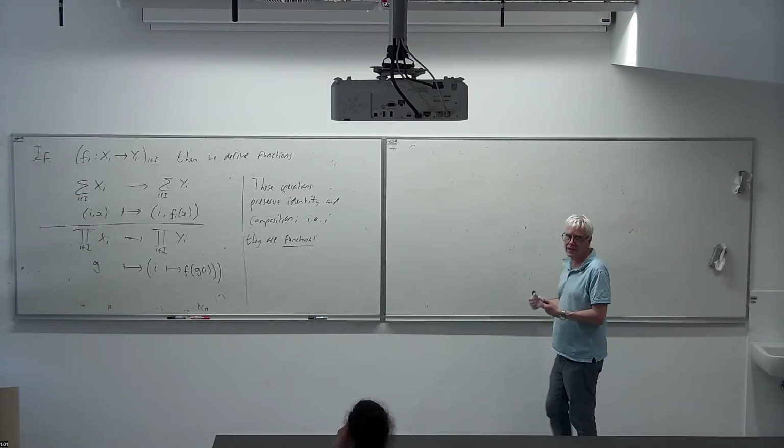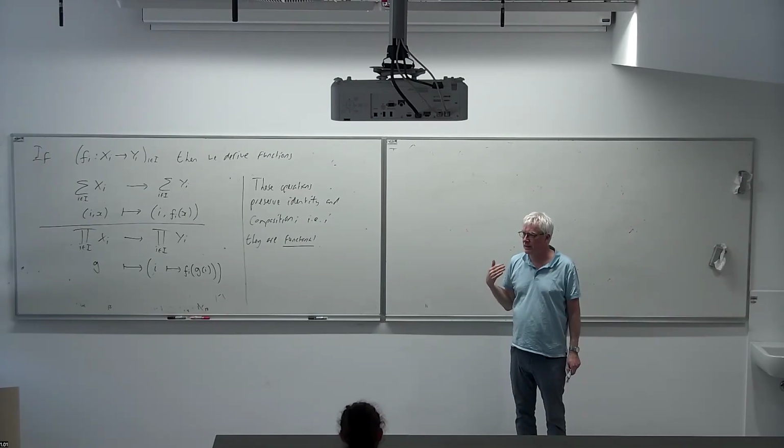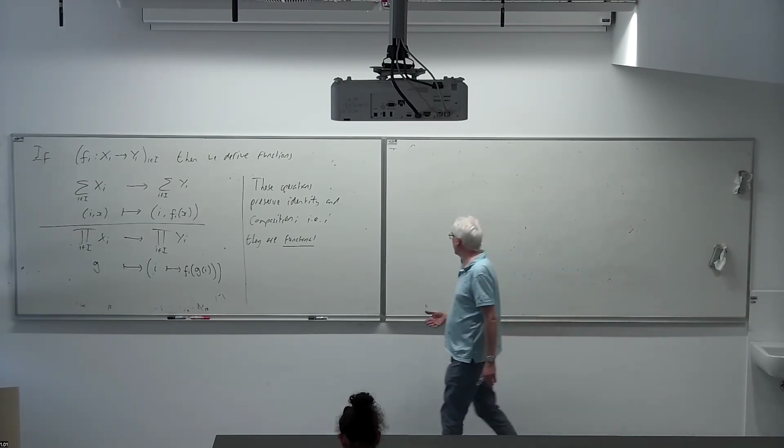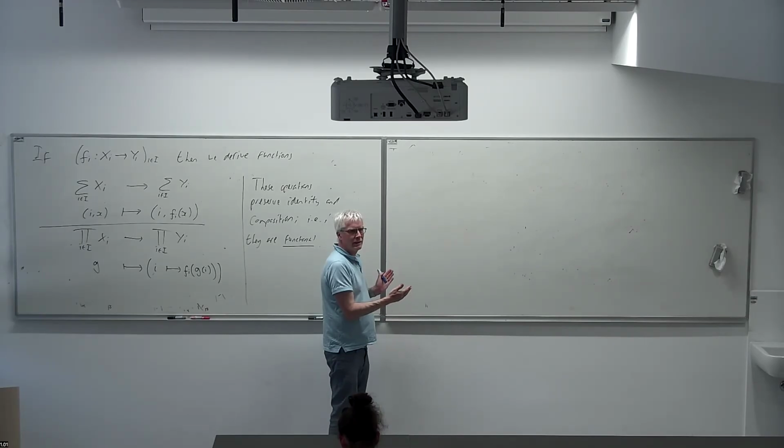And remember that there, what we wanted was that the binary sum and the binary product preserve cardinality equality. So if you have sets X and Y that have the same cardinalities respectively as X prime and Y prime, then X plus Y will have the same cardinality as X prime plus Y prime.